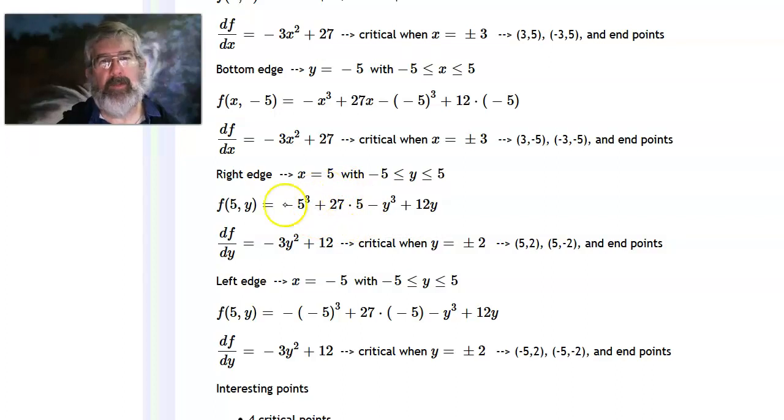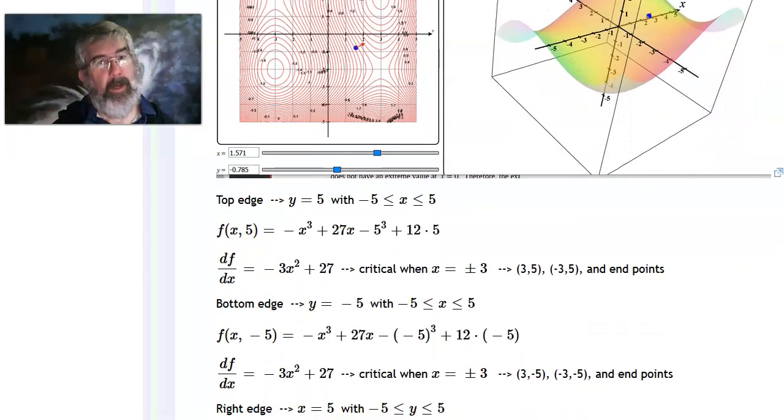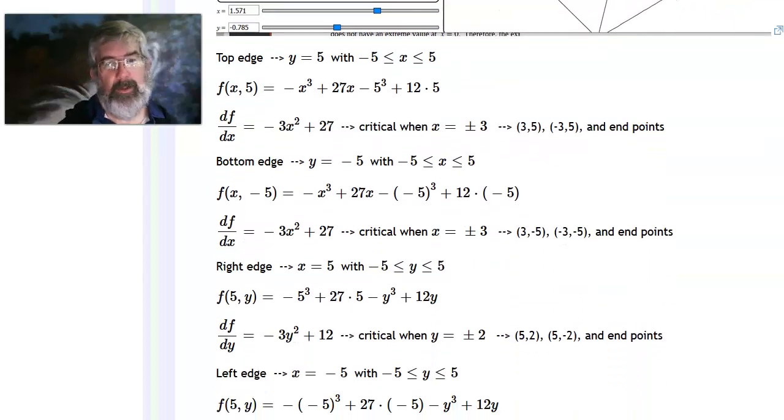When I'm taking the derivative, that's going to go to 0. Take the derivative, it's this, set it equal to 0, solve for y, and you get y equals plus or minus 2. So there's two more interesting points, 5, 2, and 5, negative 2. Right, this is on the right edge. This is over here. 5, 2 is in there. 5, negative 2 is that down in there. Maxes and mins on the edge, but not necessarily for the whole thing, but maybe for the whole thing.